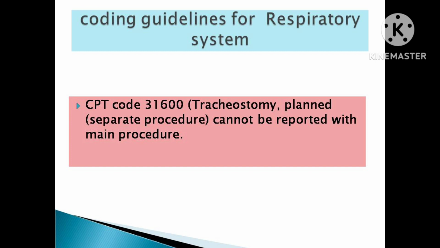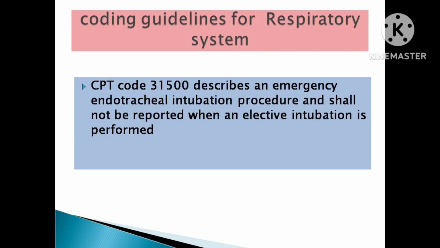Okay. Then next point is 31600, tracheostomy planned procedure. So this CPT code description itself says separate procedure. This separate procedure, you know already, as I told you in the basic coding guidelines, is always a separate procedure. We cannot bill it with any other CPT code.